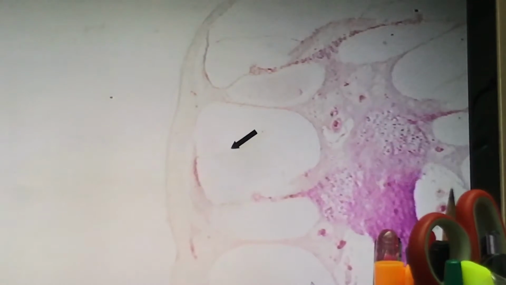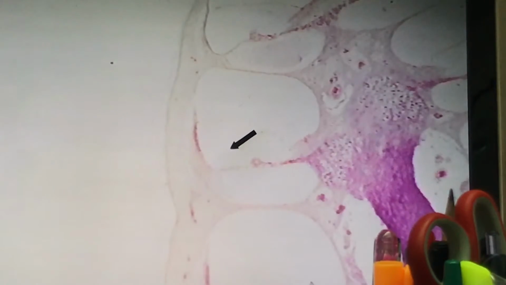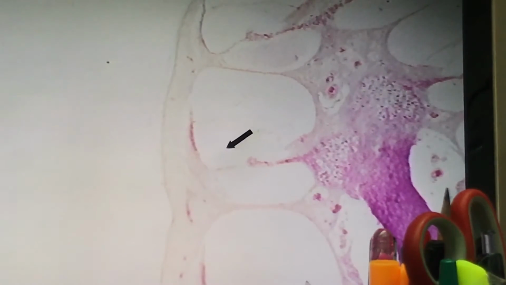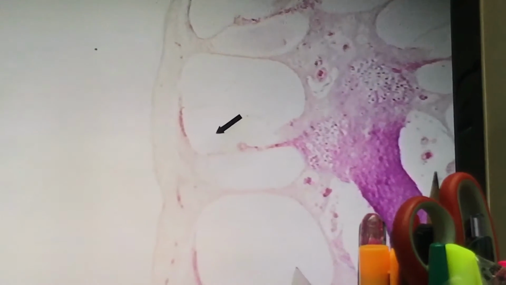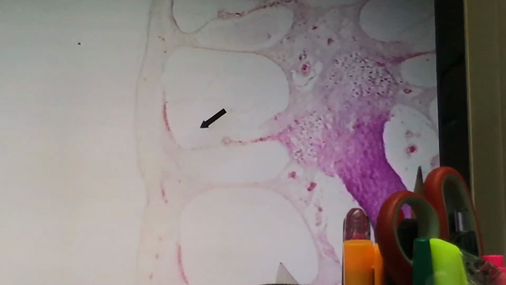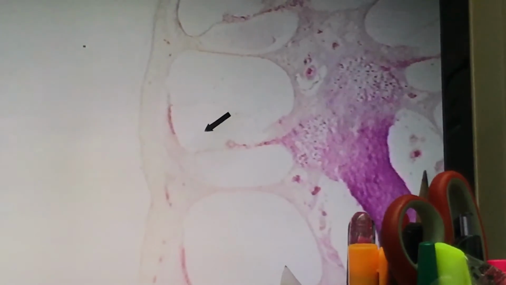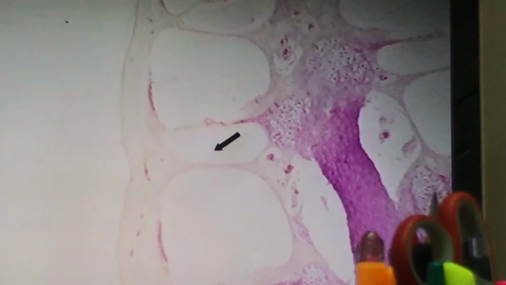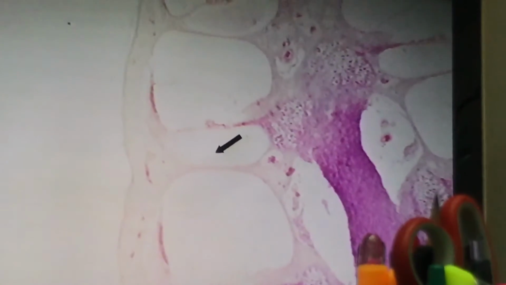Beneath that one, you have the second cavity, where you can see the organ of Corti. That will be one of your landmarks. So that will become your scala media or your cochlear duct. Now, we have another here, and you call this your scala tympani, the most inferior among the three.